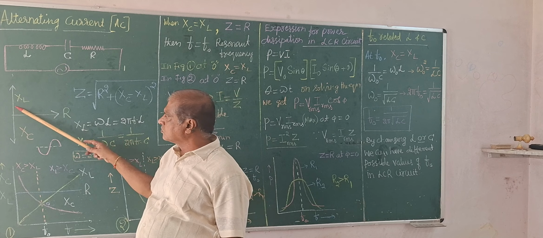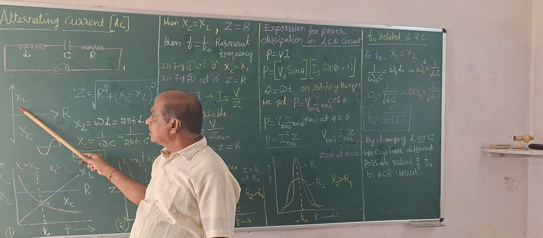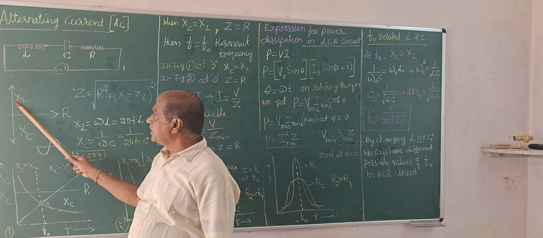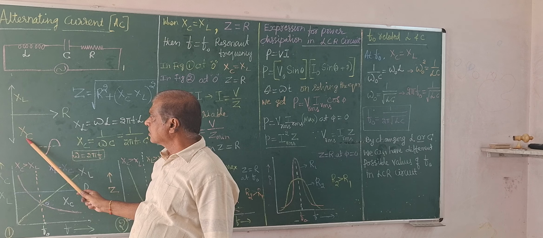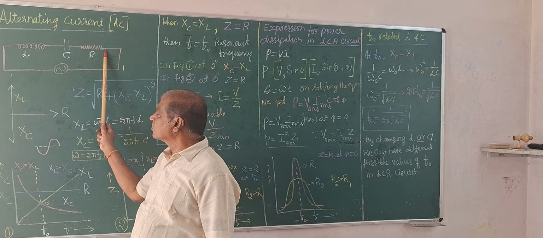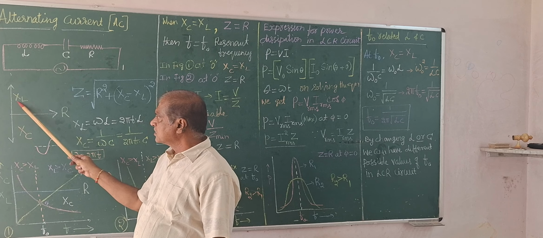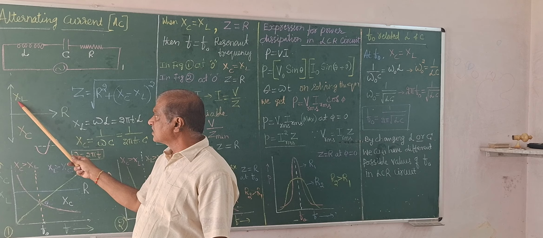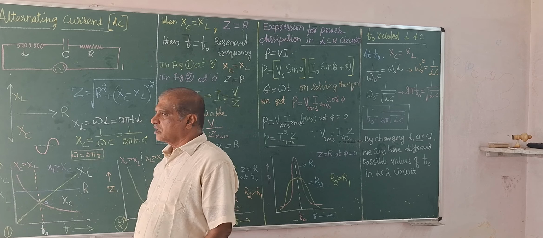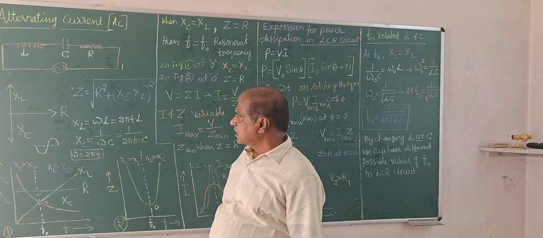The same diagram was used to represent the voltages of different components, that is VL, VR, VC. Since the current flowing through the components remains the same, we can represent this in terms of resistances: replace voltage by resistance, and you get a graphical representation like this.